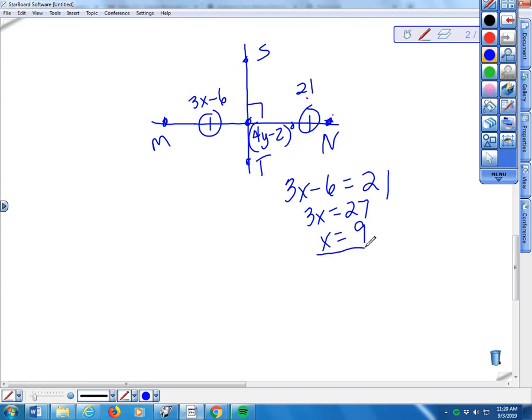X is 9. Okay? Now, this question, to find y, do you see the degree symbol right there? Okay, that's telling me that 4y minus 2 is representing this degree, this angle right there. Well, what is that angle? Say it, Isaac. 90 degrees.